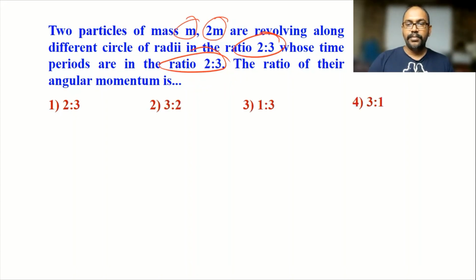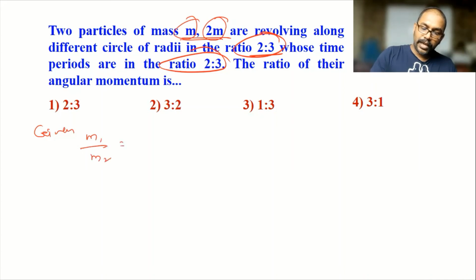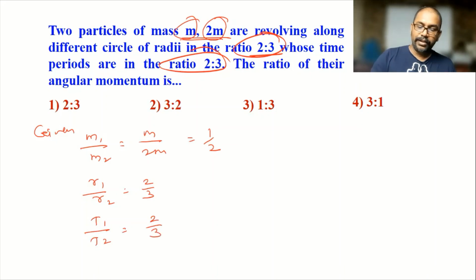Now here, let me write the given. So m1 by m2 is m by 2m, means 1 by 2. They are revolving with the radius in the ratio R1 by R2 equal to 2 by 3. Period in the ratio T1 by T2 is 2:3. Then we have to find L1 by L2.